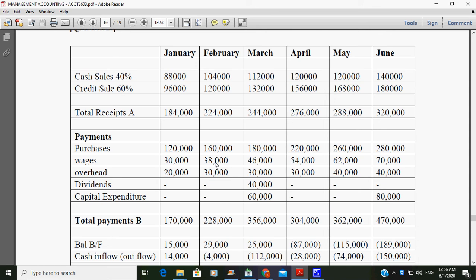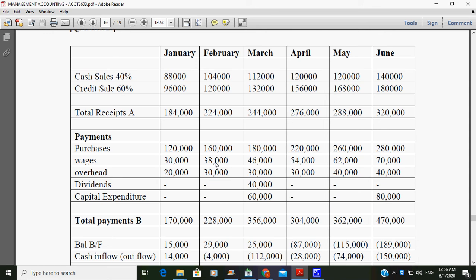And then 75% of 40,000, which is the current month, right? Plus 8,000, and that will give you what? 38,000, alright? So two different things.